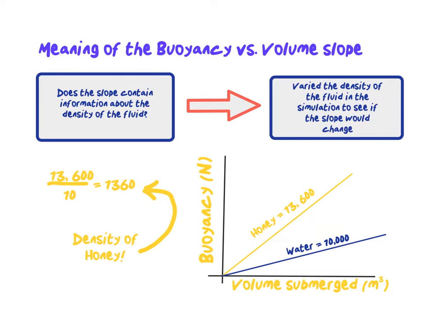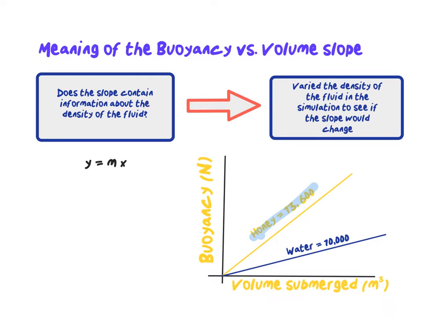So if I go back to my graph now, and I take a look at the slope of the line, and I have the 13,600 slope up here, that's when I had honey, I can expand the meaning of this equation a little bit more than I had before. So I know it's still in the basic form, y equals mx.